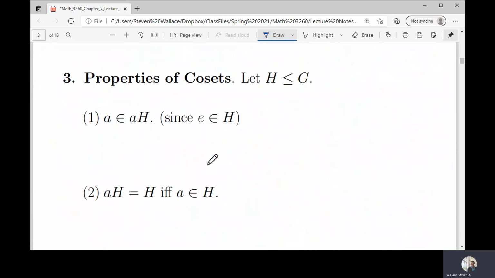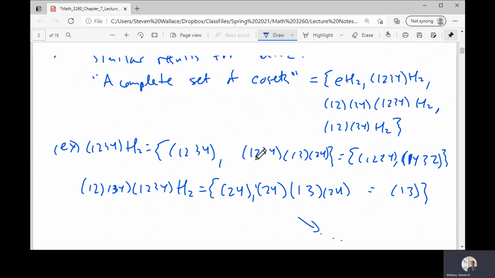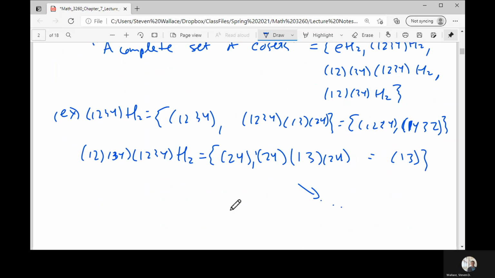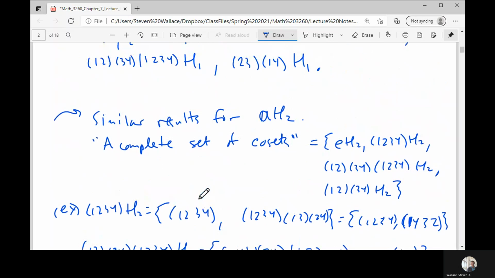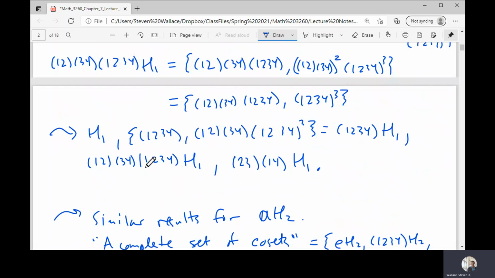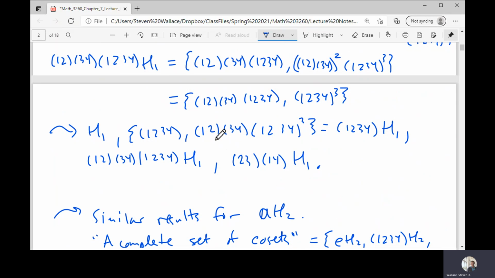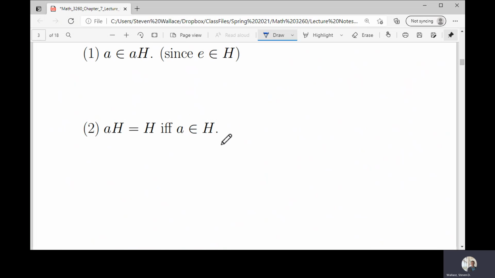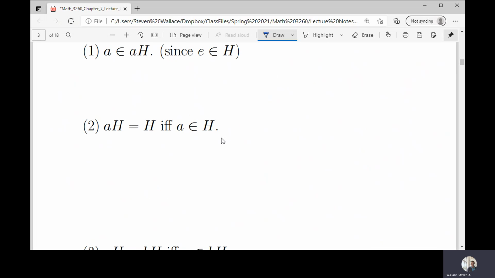Most cosets are not subgroups, right? So notice everything except for H2 and H1, which are definitely cosets, right, represented by the identity, E, H1. All these other ones are not closed sets. They don't contain the identity. They don't have inverses necessarily. So they're not subgroups, right? So the only coset that is a subgroup is the subgroup itself.